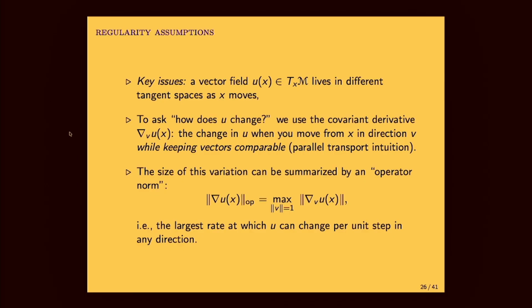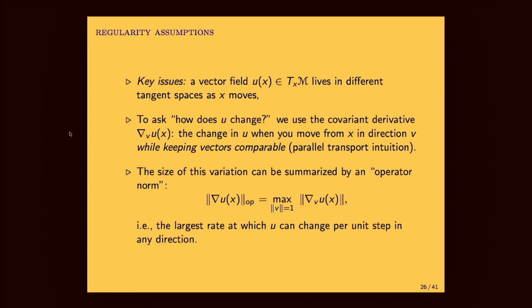We need a notion of covariant derivative, which is basically, for the velocity field, the change in the velocity field when you move from a particular point in a particular direction while keeping all the vectors comparable, right? Similar to this parallel transport intuition. Then you take the supremum over all such possible directions, and that defines an operator norm.